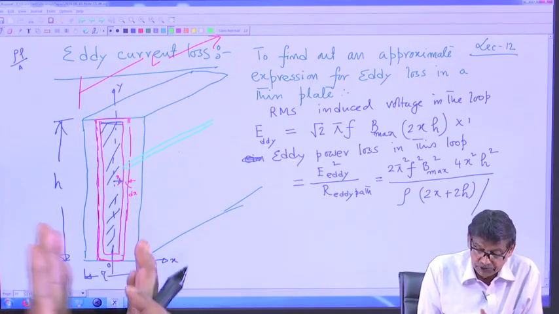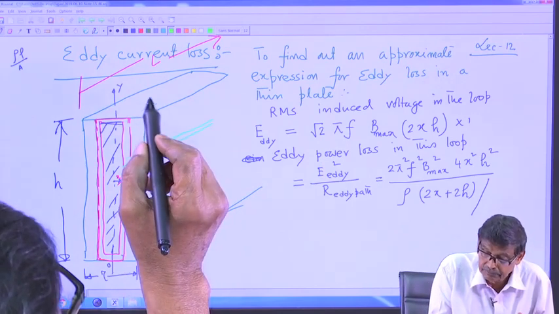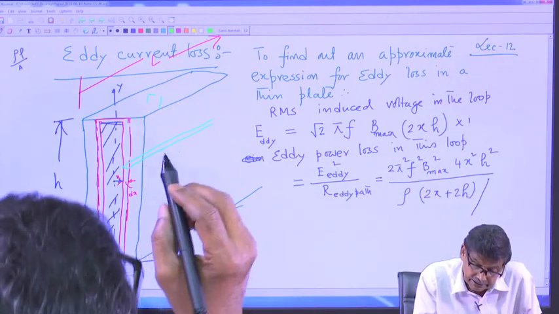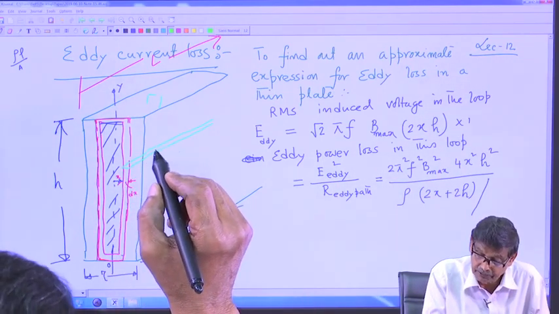Loop is positioned at a particular x and it is here also, and the eddy current path will be what? It will be perpendicular to this area.